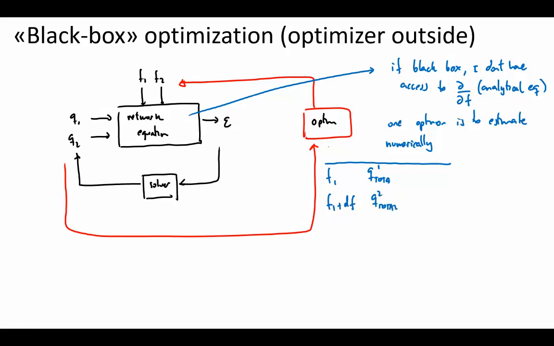And then I say that the partial derivative of Q total with respect to F1 will be equal to Q total 2 minus Q total 1 divided by delta F. Maybe to be more precise, we should make it with delta F.